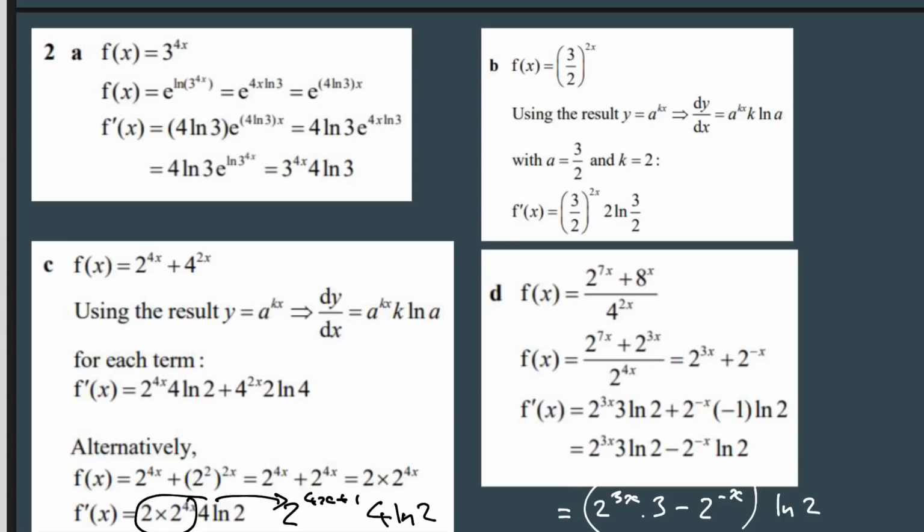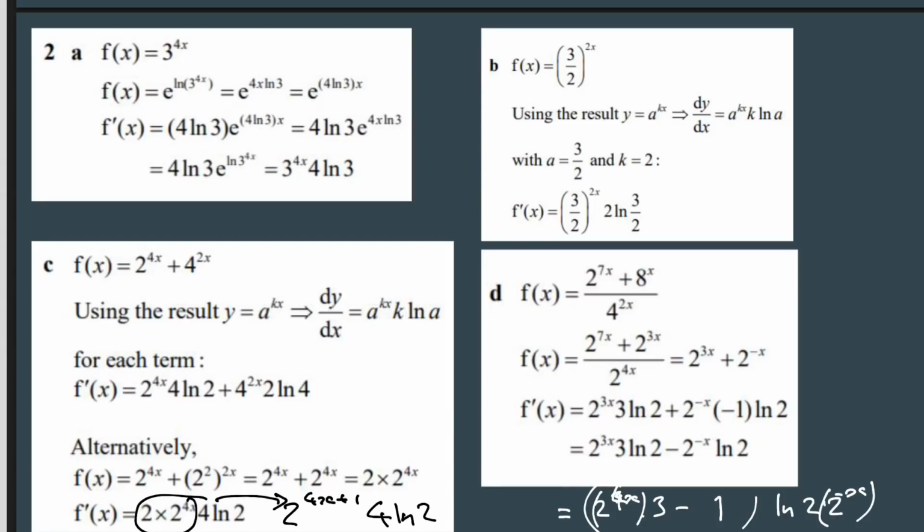Could always take that out as well, 2 to the minus x. Which will give you this. There you go. It doesn't really matter too much which form you give it in here.